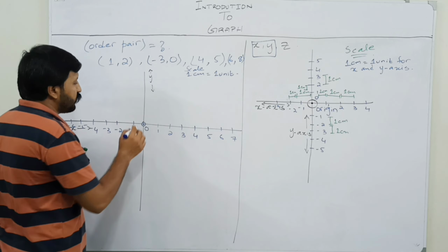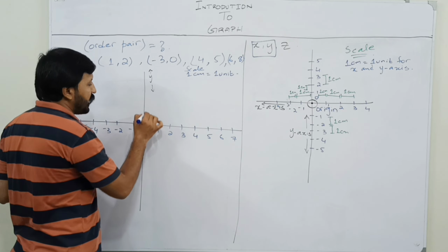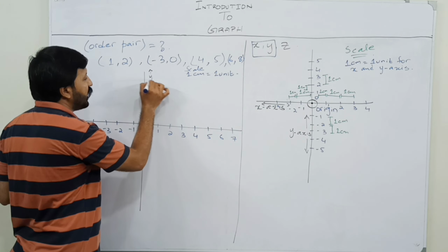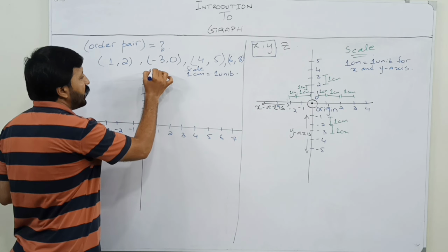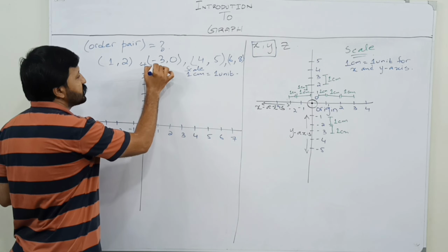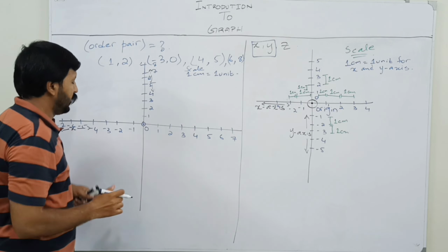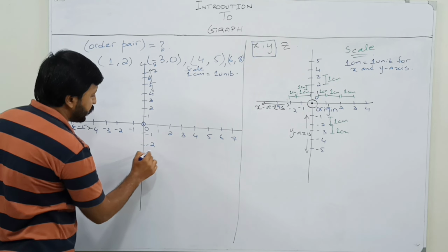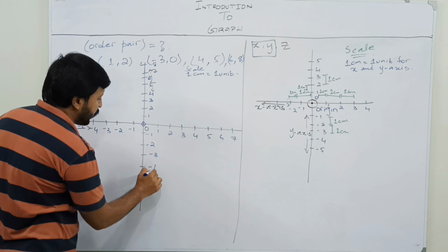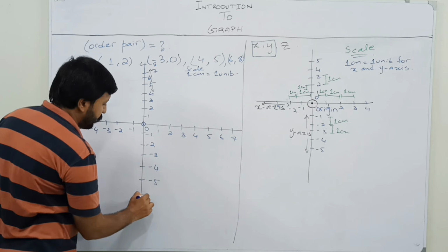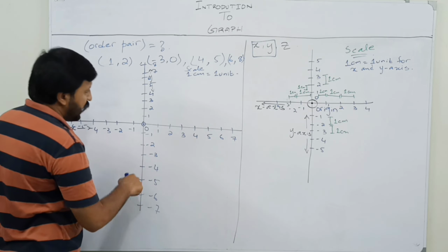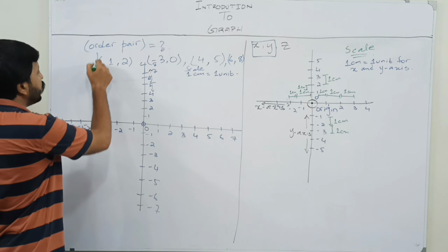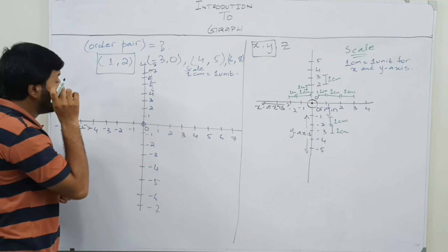The same goes for the vertical axis: plus 1, plus 2, plus 3, plus 4, plus 5, plus 6, plus 7, and plus 8. And going down, it will be minus 1, minus 2, minus 3, minus 4, minus 5, minus 6, minus 7, and so on. So the first point which we have to plot here is (1, 2).